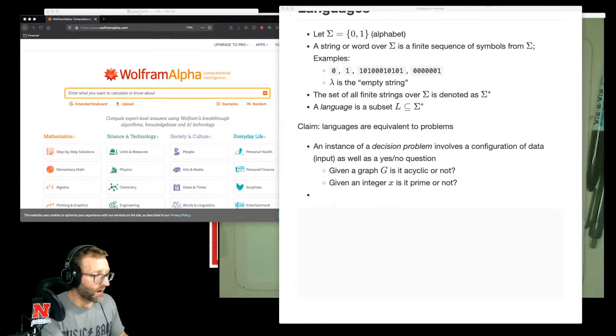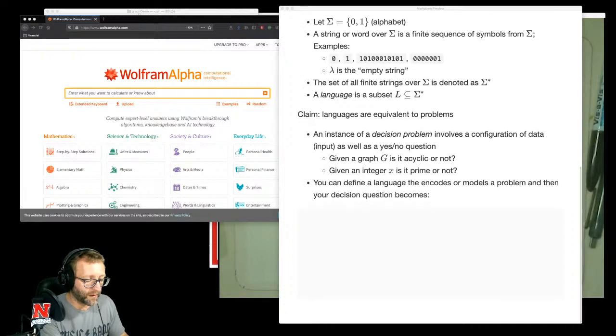So why is a language equivalent to a problem? You can define a language that encodes or models a problem, and then your decision question becomes, given an input x, is it in the language or not?